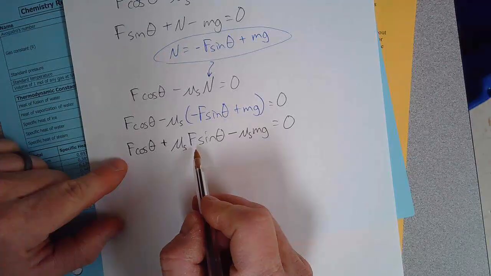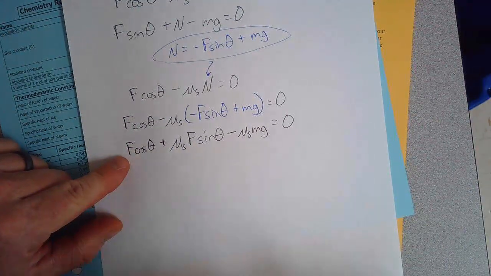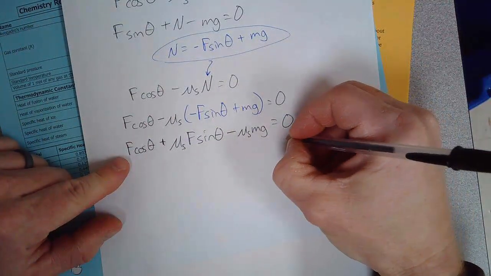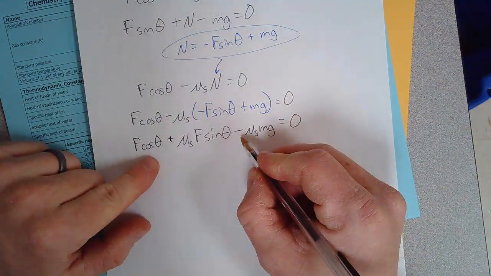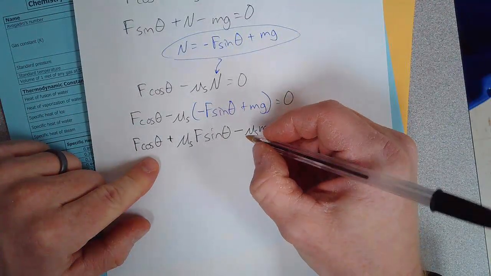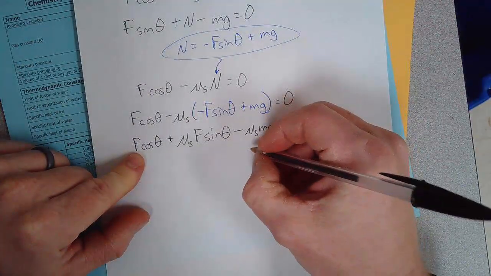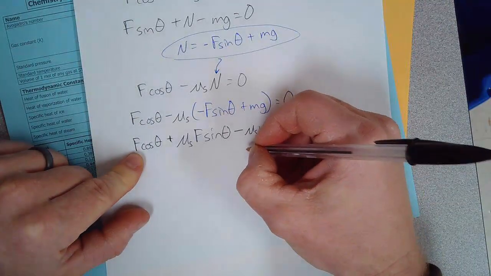So now I have two terms that have f in them. I am going to do two things. One, let's get this thing that doesn't have f in it over to the other side, and then I'm going to factor out the f in just a moment. Okay, so just add this to both sides.